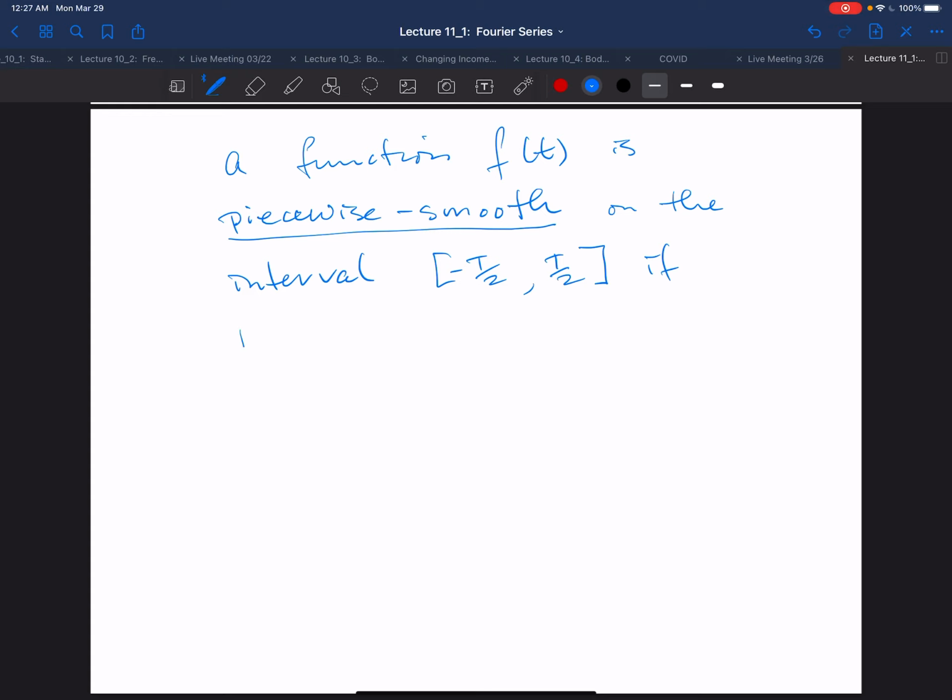if there exists a finite set of points, and these are the only points where f and its derivative are allowed to be discontinuous.